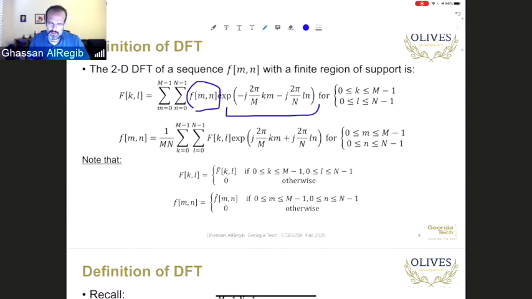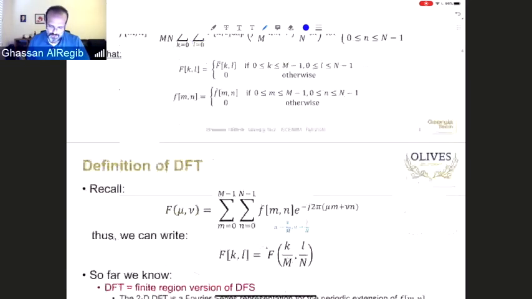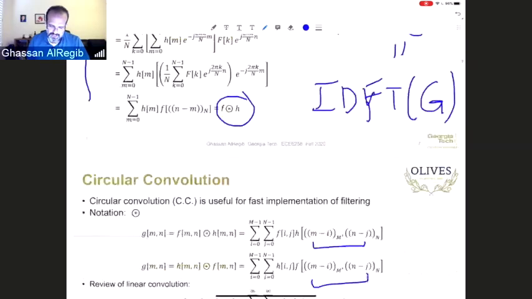All what they depend on is basically not the values of the intensity in the input image F. All what they depend on is the size of my M and N, and the indices where I am, which are small m and small n, and then which DFT coefficient we are calculating, which will be defined by the K and L, right? So we can really represent this using a matrix for a 4x4, and that matrix takes this form.